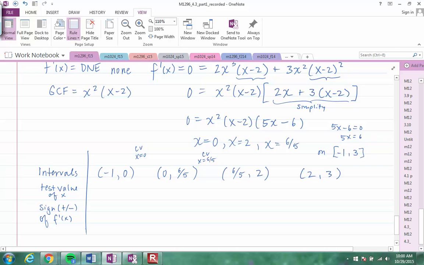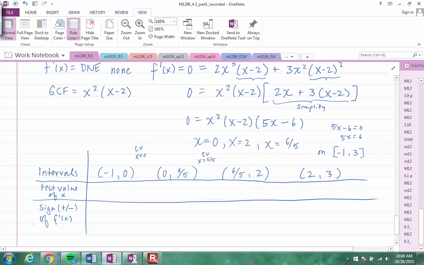Just use a test value of x, plug it into the derivative, and we know from some of the things we've gone over so far that the character of that whole interval is going to be the same. The whole thing from -1 to 0 is either going to be increasing or decreasing because we're using the borders of the critical values, and that's where we could have a potential change in the sign of the derivative, at those critical values, and that's based on stuff in 4.1.